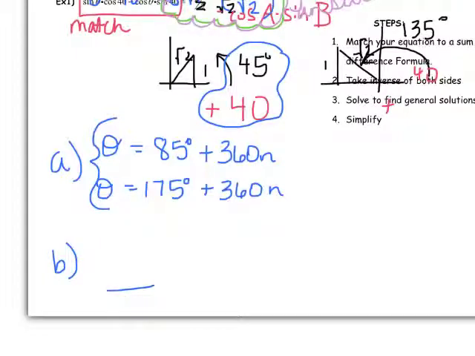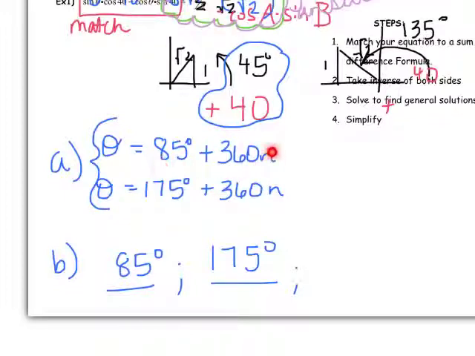So my first answer is 85, and that's a number between 0 and 360, so that works. Now, my second answer is going to be 175, and that's again between 0 and 360, so that works.